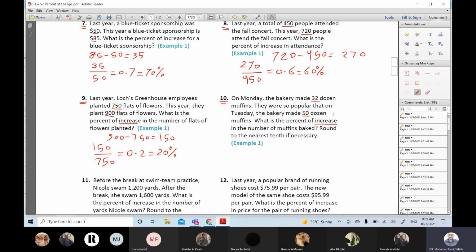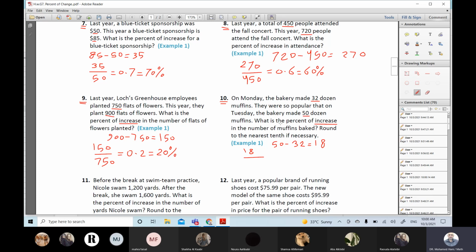Great. So, how to find the amount of increase? Right, 50 minus 32 will be 18. Then the part will be 18, divided by the whole.